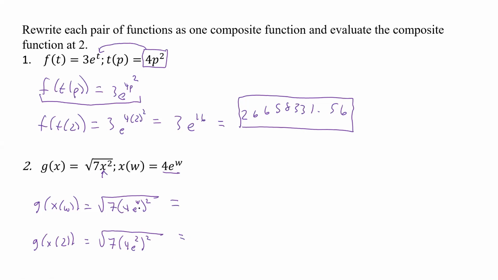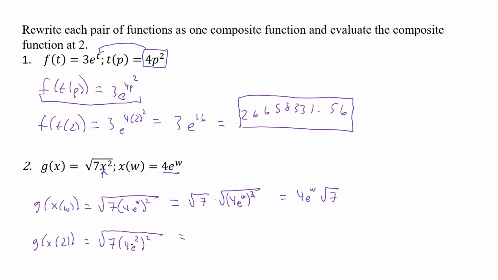Or we might even come back here and say, well, what do we really have here? We have the square root of 7 times the square root of 4e to the w squared. So the square root of something squared, that drops, and we really just get 4e to the w times the square root of 7.